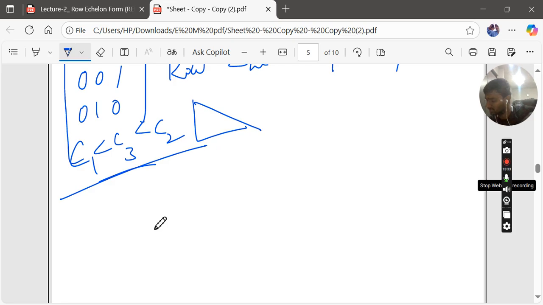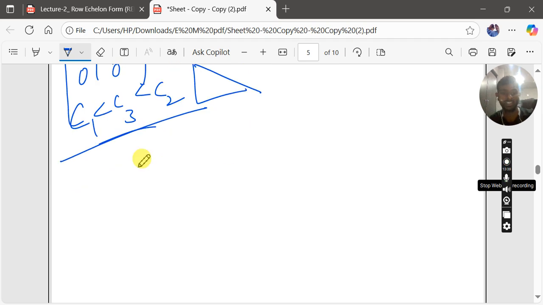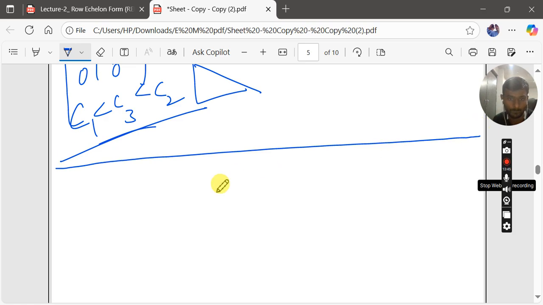So we will solve some examples to reduce the given matrix to row echelon form. Okay, let's say we are having a matrix A equal to 3 1 1 and 5 1 2 4 2 7.